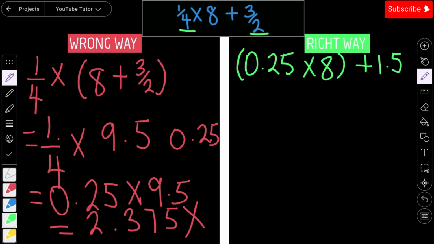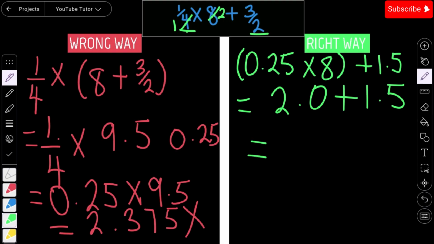Now 0.25 times 8 is just like telling me 1 over 4 times 8. You can see that here 4 can go into 8 2 times. So 0.25 times 8 gives us 2. Then you do plus 1.5. Now 2 plus 1.5 is nothing else than 3.5.